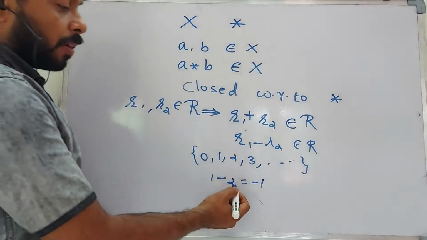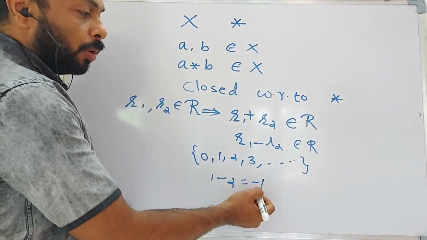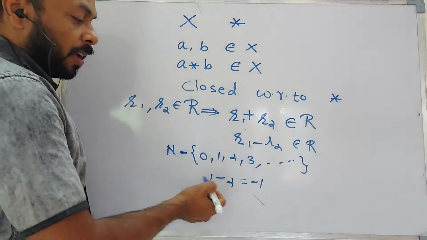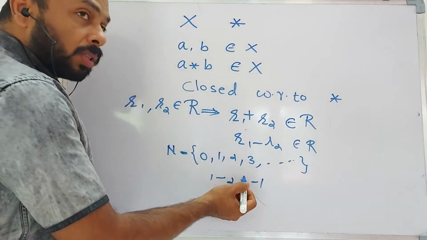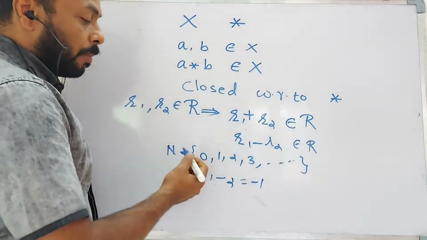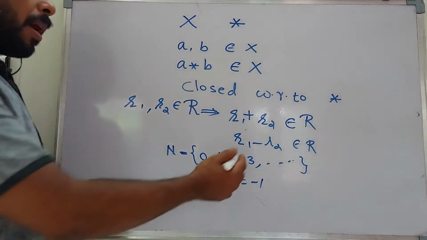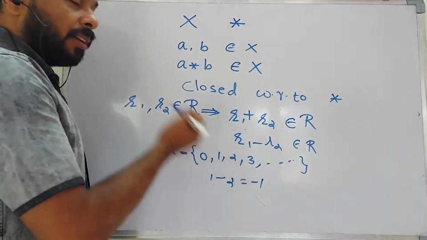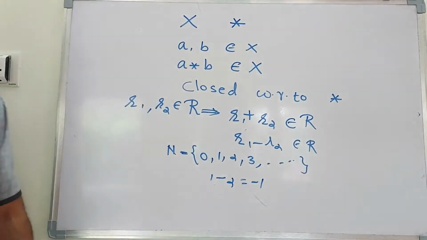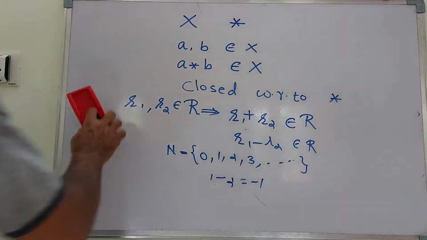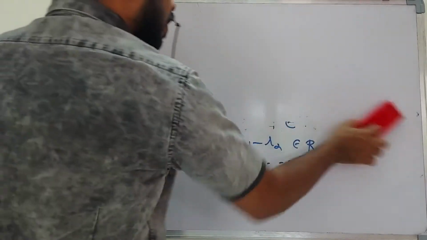That is, 1 minus 2 does not belong to the given set. If the set is N, then N is not closed with respect to subtraction, but N is closed with respect to addition. So addition is a binary operation on the set N, and subtraction is not a binary operation on the set N. For this binary operation, we can define certain properties.